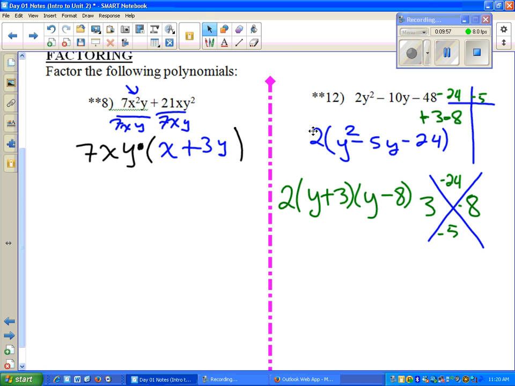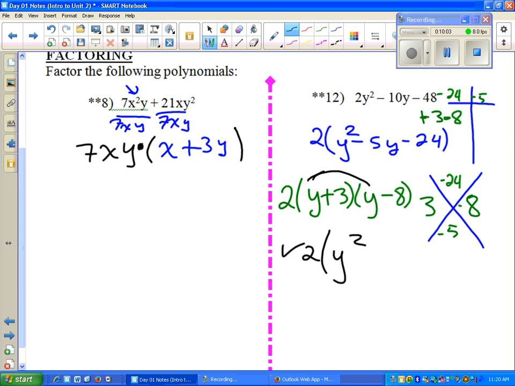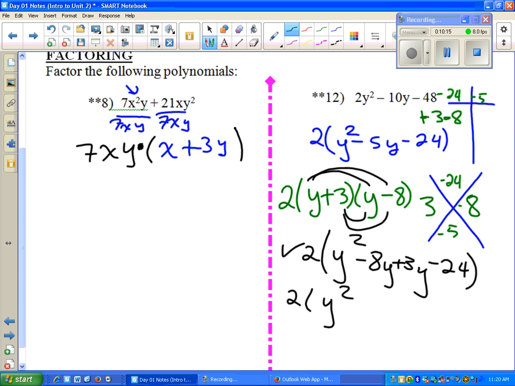So let's do a check. First is y squared. Outer is negative 8y. Inner is positive 3y. Last is negative 24. Combine like terms. Distribute the 2.